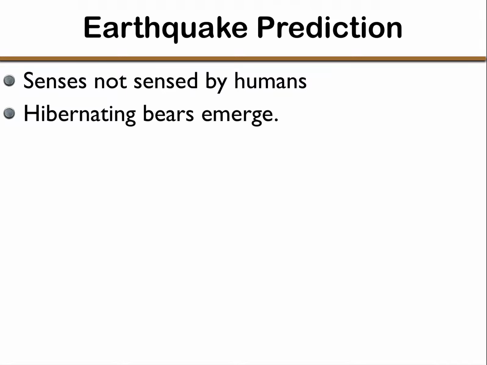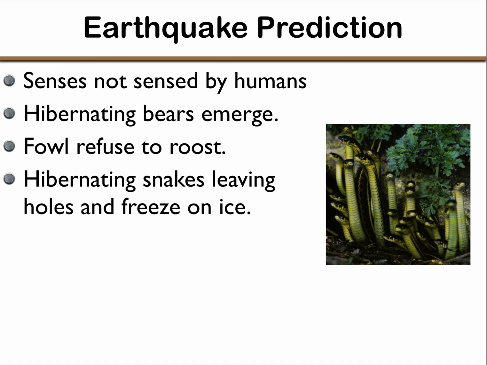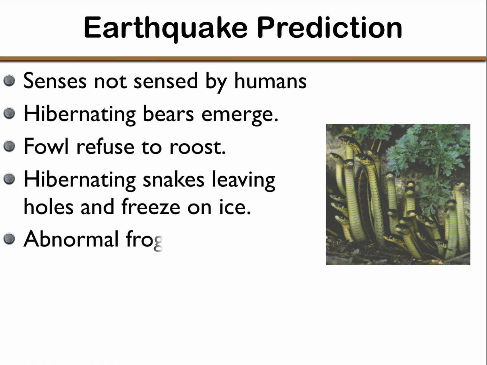For example, there were some major earthquakes in the 1960s in Alaska, and bears that were hibernating came out of hibernation much, much earlier than they should have, and then, sure enough, within a week or two, the earthquake would happen. There are cases of fowl that refuse to roost at night, and those appear to be predictors of earthquakes. Hibernating snakes leaving their holes where they were hibernating and then freezing out on the ice. This again is Alaska, and sure enough, then the earthquake hits.